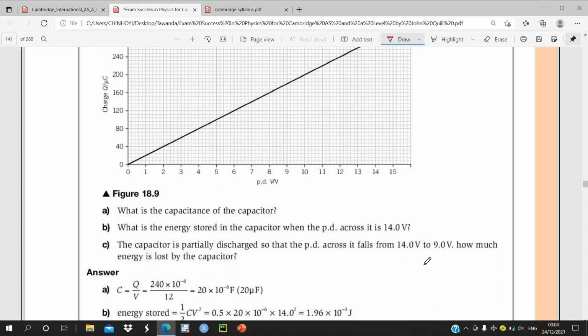And you know, capacitance is charge Q over V. So we are going to take charge at any point that you can easily find. Like here they are using this 12 and our voltage, you can take voltage as 12 or even 6. We can take 12 and see where the charge is going to be, where it cuts here and goes here.